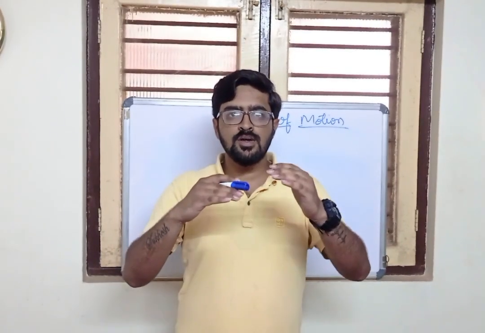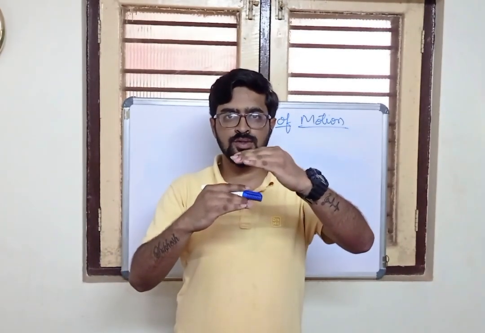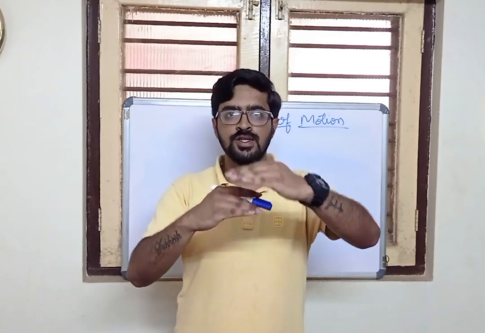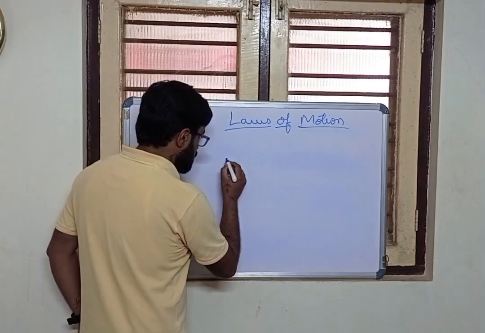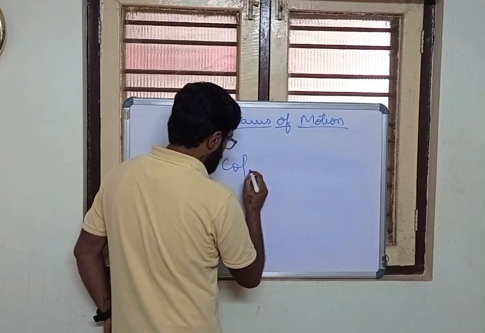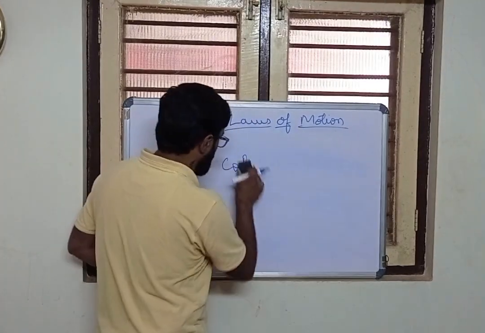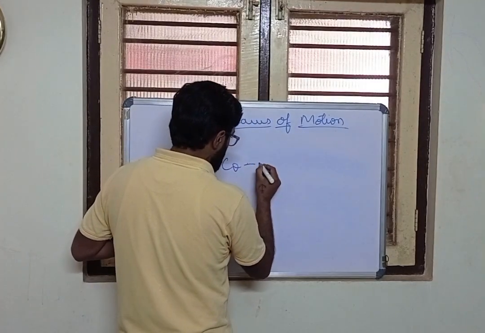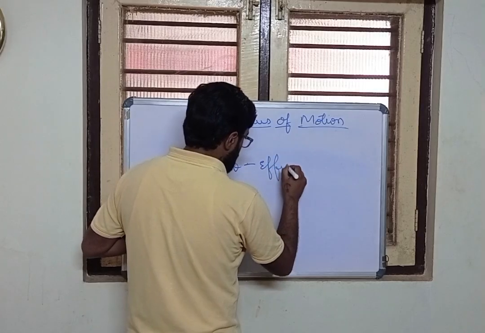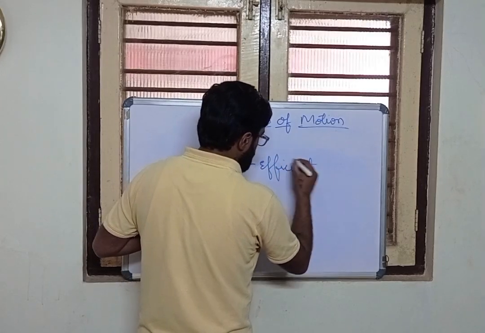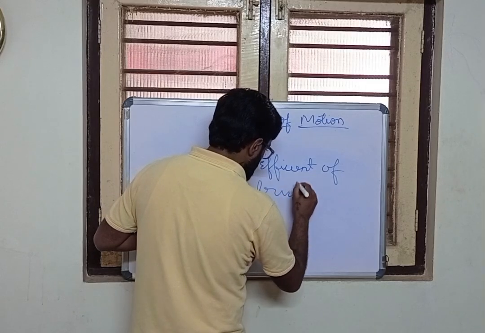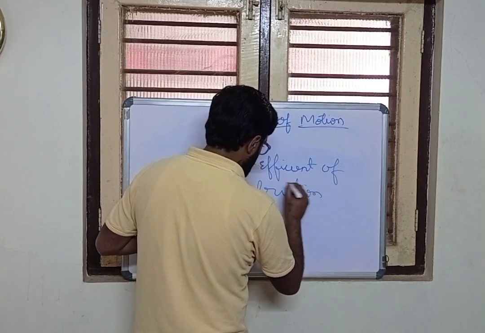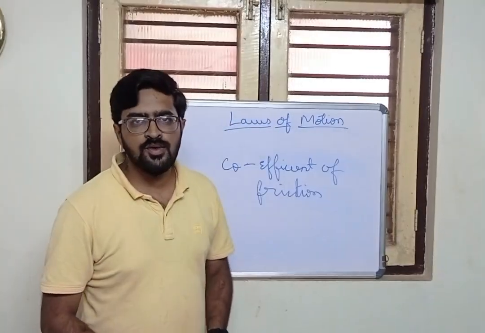So these are exactly opposite scenarios. The ratio of these two is called the coefficient of friction.